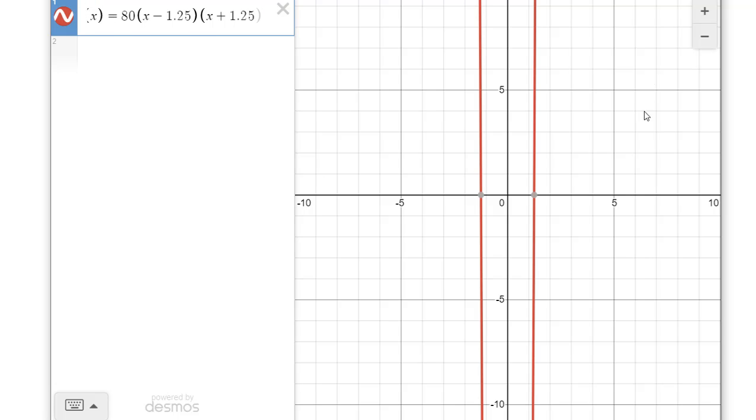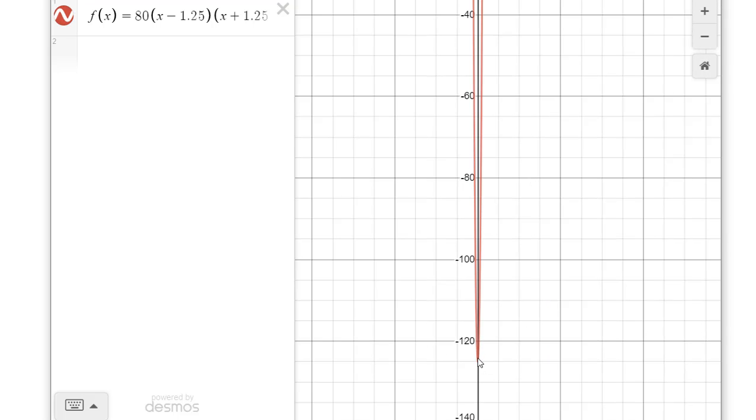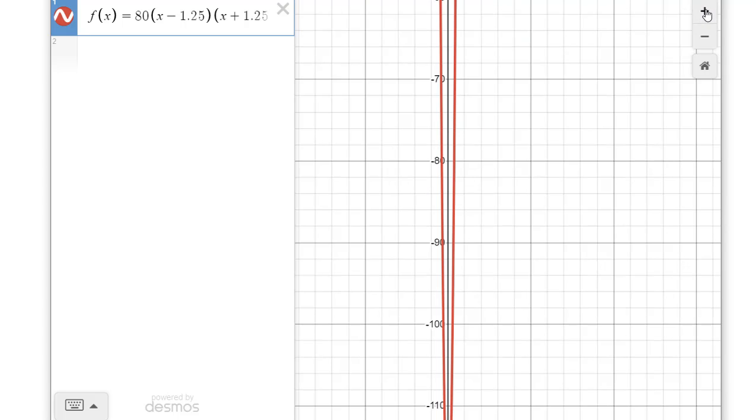And now I'm going to scale this just a little bit. It does appear to be a minimum at negative 125. And now I just need to scale this a tiny bit more.